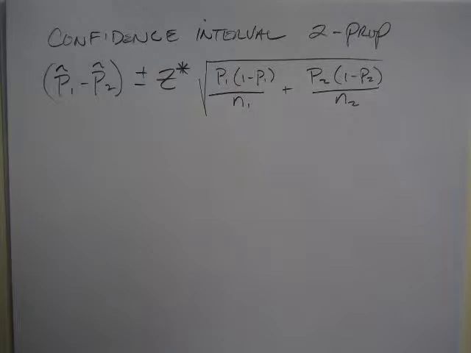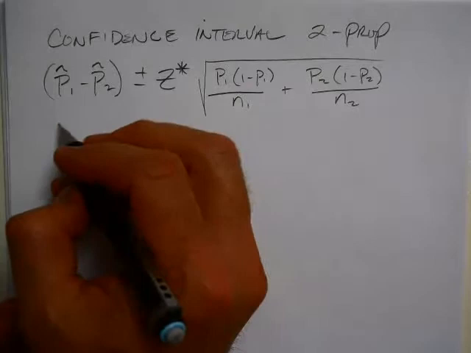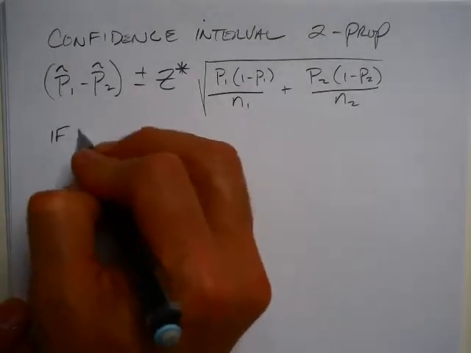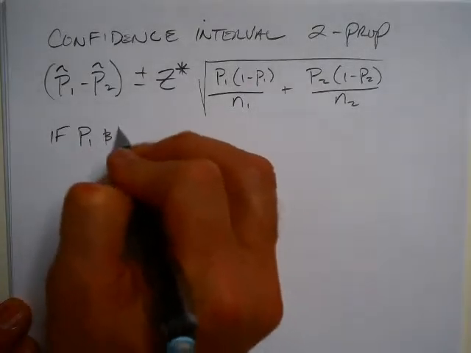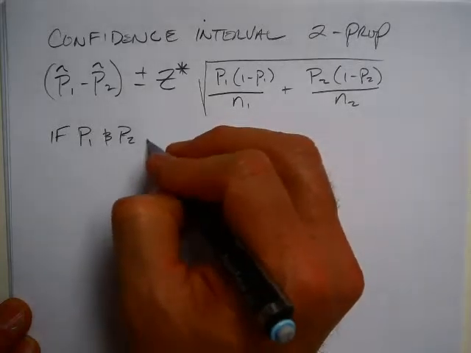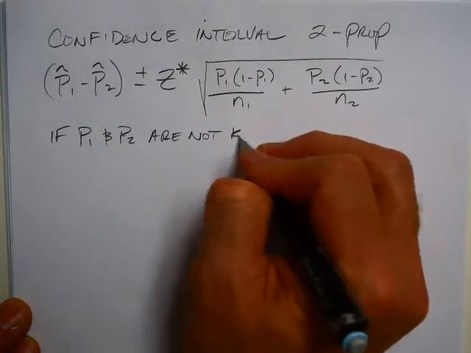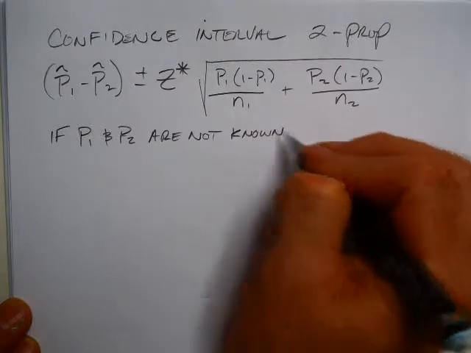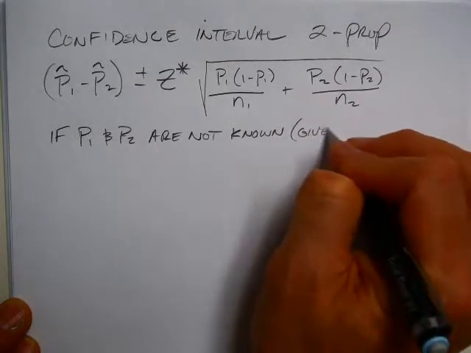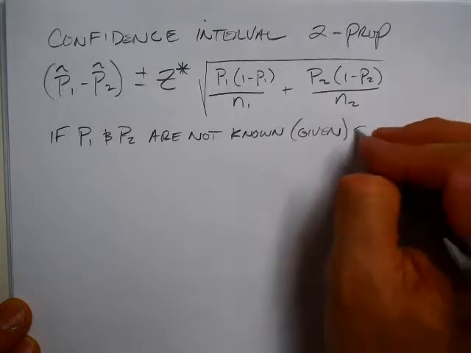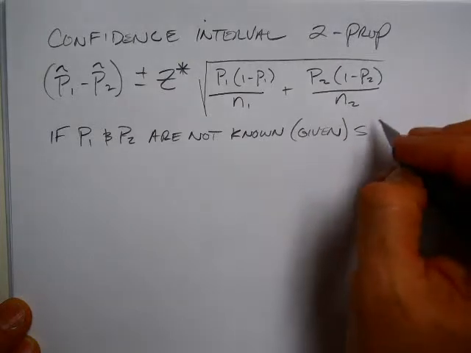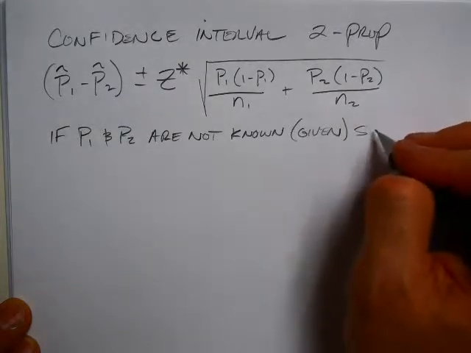It is likely that we won't have p-values, only p hat. So if P1 and P2 are not known, meaning they'd be given, substitute P hat 1 and P hat 2 respectively.